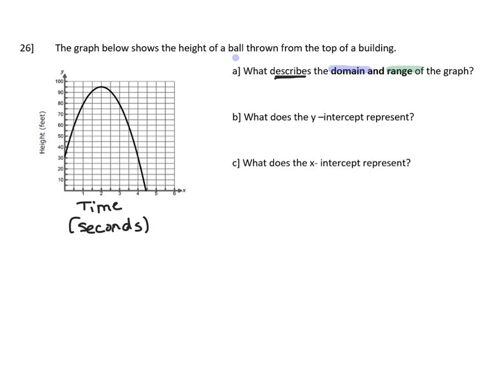So domain are our x values. So I want to look at what this x-axis is representing, and that's where the label comes into play. It's referring to our time in seconds. So the domain is the time in seconds.